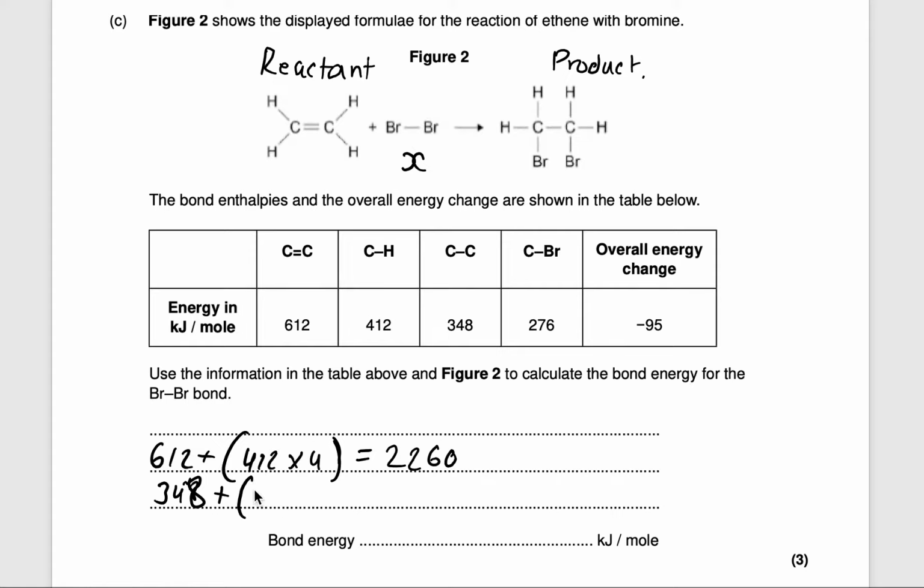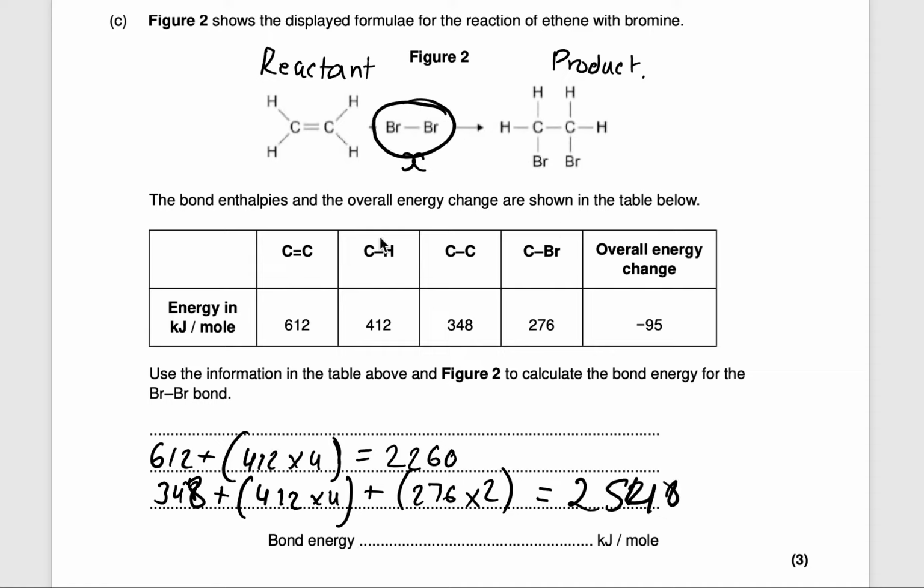Again, it's going to be multiplied by 4. 412 multiplied by 4. Now C is also with Br, and that happens twice. So it's going to be plus 276 times 2. You can type that into the calculator. So 348 plus 412 multiplied by 4 plus 276 multiplied by 2. That gives you 2548.